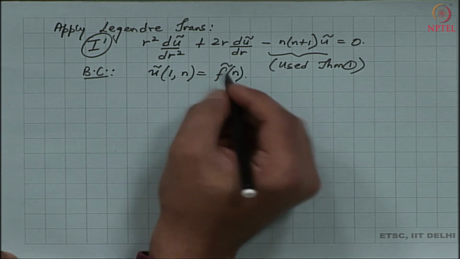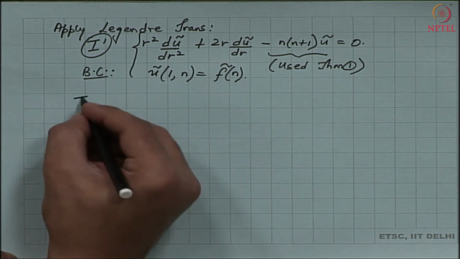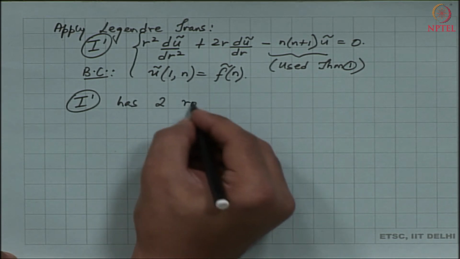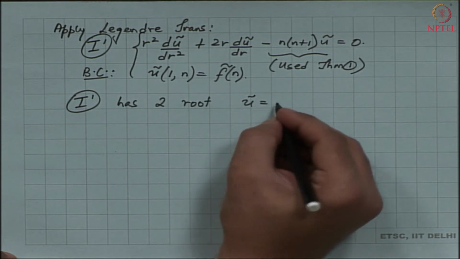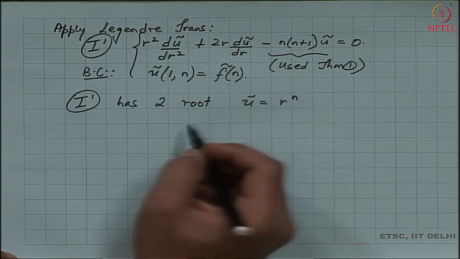Okay. So, I know that if I were to solve this ODE, 1 prime has 2 roots. One of the roots is r to the power n, and we can check that it is indeed a root.